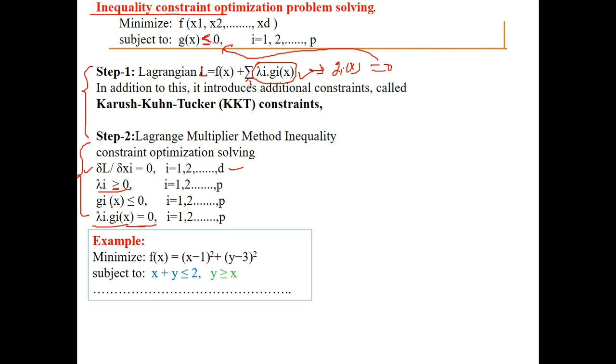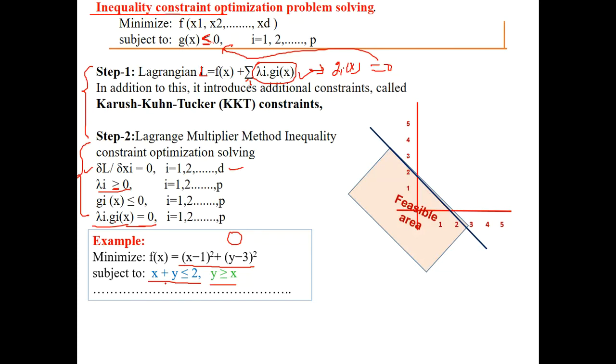Now let us have this example. Minimize a function, it looks like a circle, subject to the two inequality lines. So first you plot the constraint.